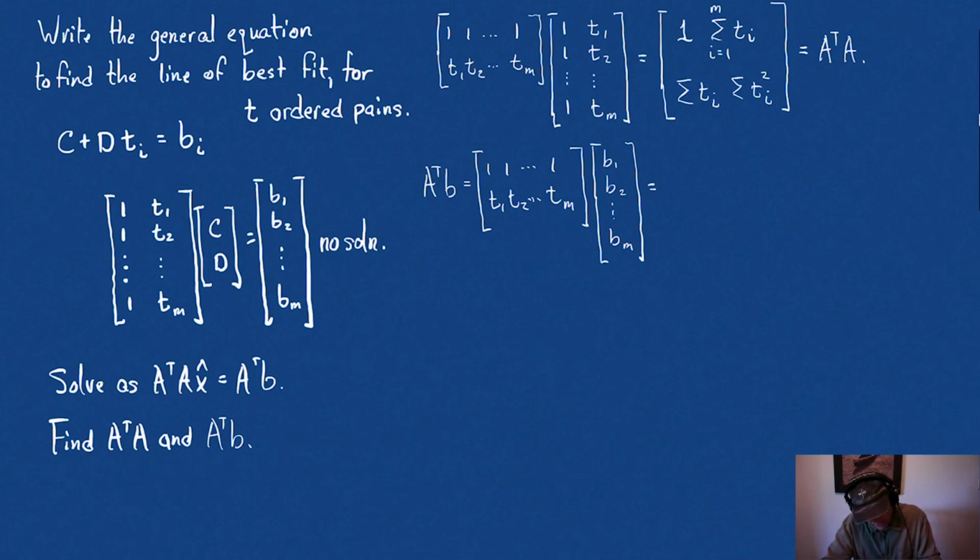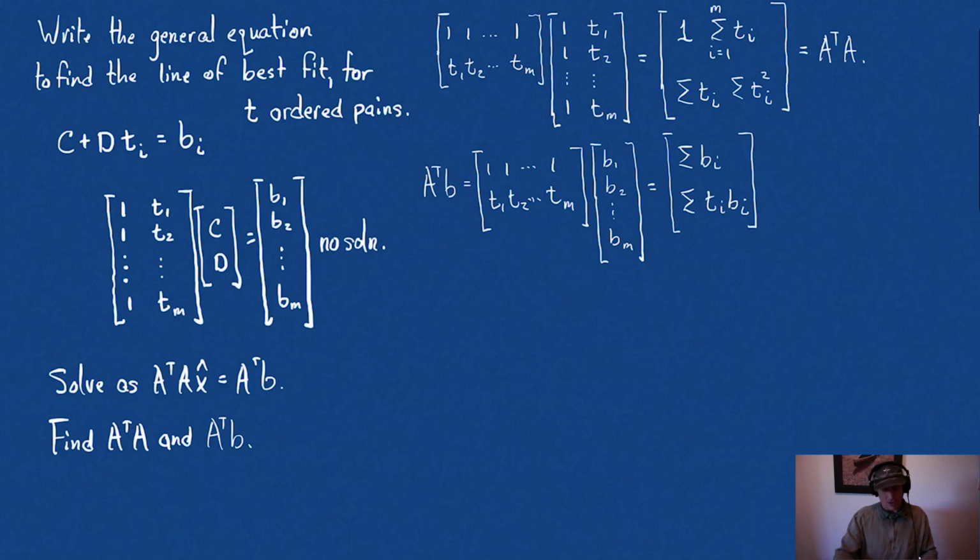What is that? That's the sum of the b sub i's. And then the next one is going to give me the sum of t1 times b1 plus t2 times b2. In other words, it's the sum of ti times bi.